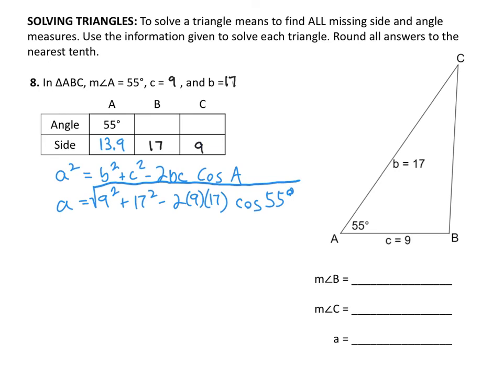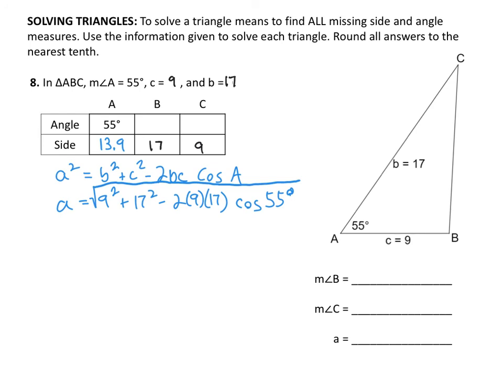Okay, so what happened is my diagram and my problem didn't really match up with each other, and that's kind of a problem. So I had to rewrite that angle B was 17 and angle C was 9. It honestly doesn't really matter which way I change that, whether I change the diagram or I change the problem itself. Just as long as I am consistent with what I do from now on.